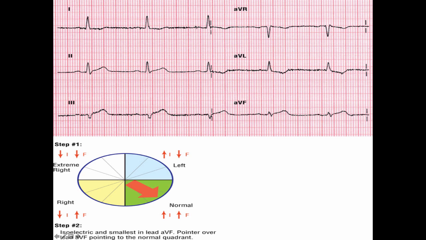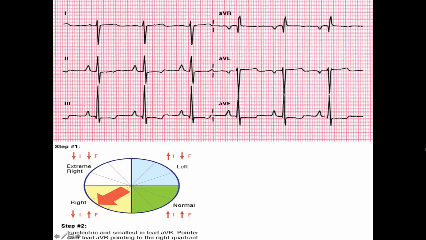I think we can agree on that. AVF is biphasic. It's got some positivity, some negativity to it, but based on its baseline right here, if we just follow baseline, it's a little bit more positive than it is negative. So we've got positive and positive.